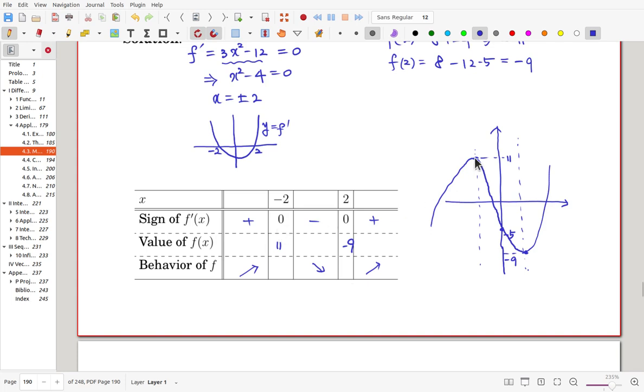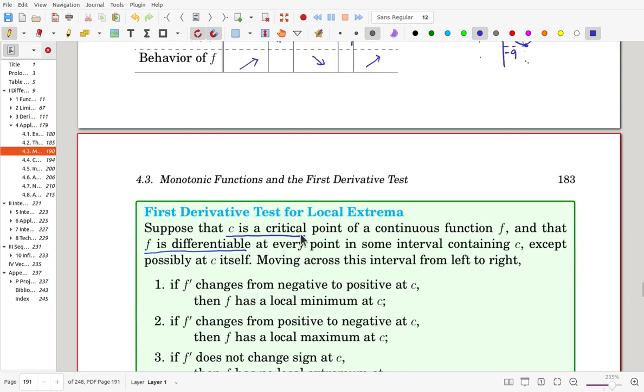Here, as you can see in the figure, is a local maximum. And now the sign of f prime is negative and changes to positive. So it goes down and up, so at the point it should have a local minimum. Okay, that's the first derivative test.